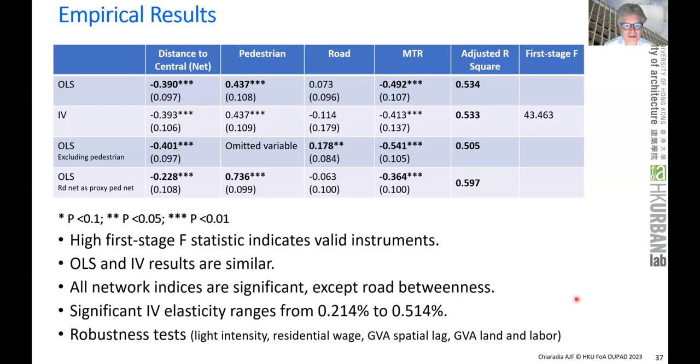So the result essentially, yes, the distance to central is very important. That's not difficult to see from the result, and it is a metric that is important in most econometric models. What is a surprise here is the pedestrian accessibility at a walking scale. In all the studies we use various radii, and we had a preferred one which comes from a travel survey.